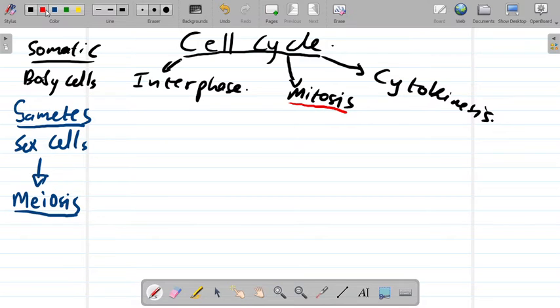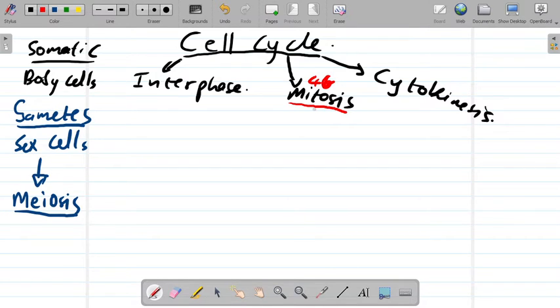And then in meiosis you're going to have four cells in total at the end of meiosis, and the resulting cells will have half the number of chromosomes. Basically, for example, what do I mean by that? In a normal human being we have 46 chromosomes, right?